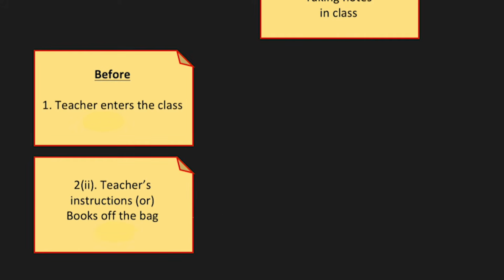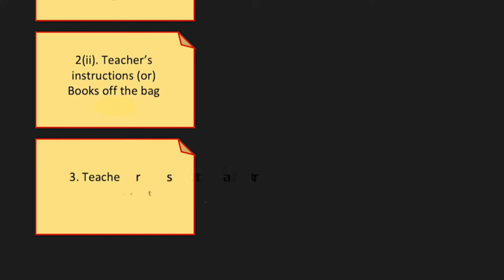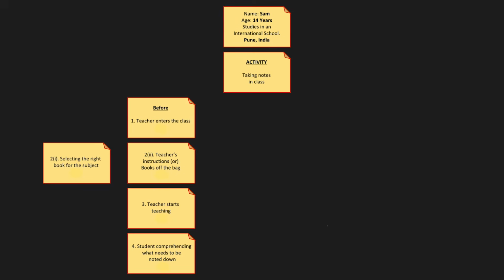The next step would be the teacher starts instruction or teaching, and then the student comprehending and coming to an understanding of what needs to be written before taking notes. So we've come up with 4 steps of what Sam would be doing before the activity of taking notes in class.